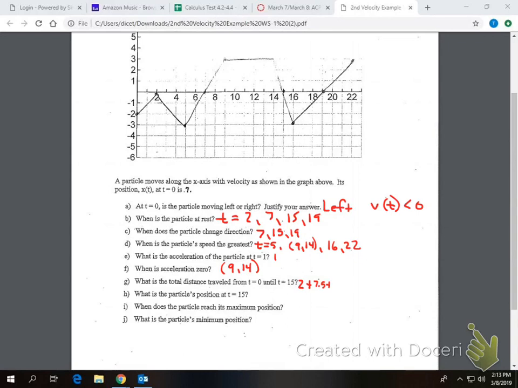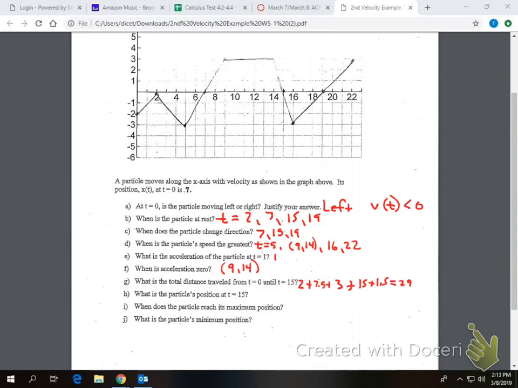I did 2 plus 7.5 plus 3, plus that rectangle was 15, plus 1.5, and that gives me a total of 29 units. Now that was absolute value.